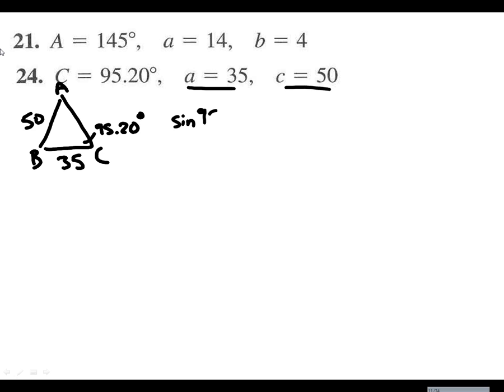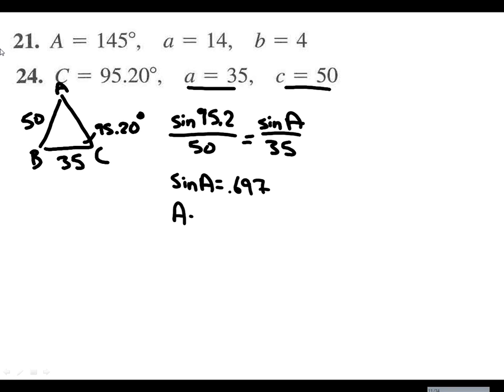Sine 95.2 over 50 equals sine A over 35. And we'll move this around, and so we'll end up with sine A equals 0.697.